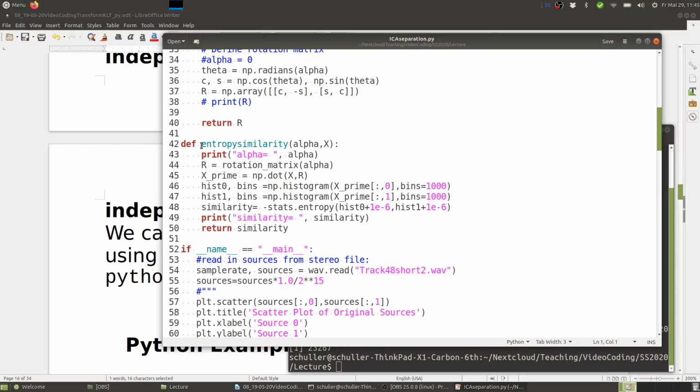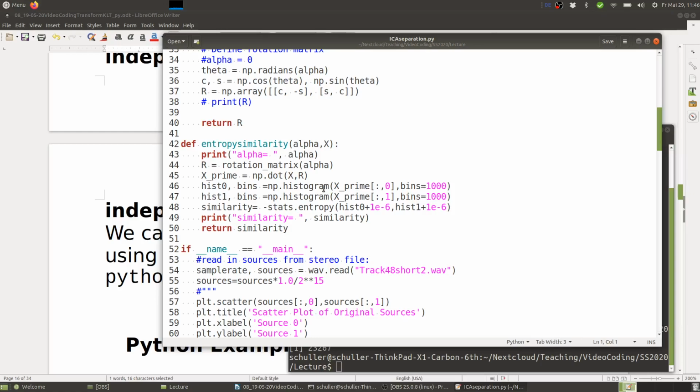Here we define an entropy similarity given alpha and some x. So x contains two signals. X is a two-dimensional array, and here you can see it computes the matrix product between x and this rotation matrix R, right? And that's the result x prime. And then here it computes the two histograms of the resulting signals.